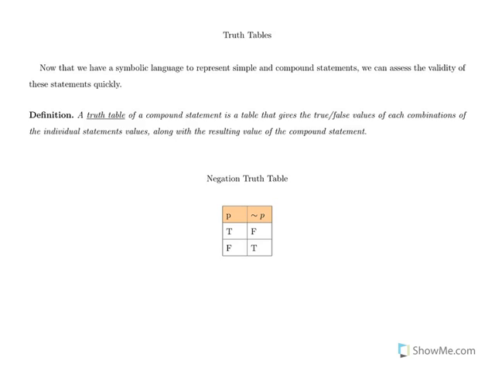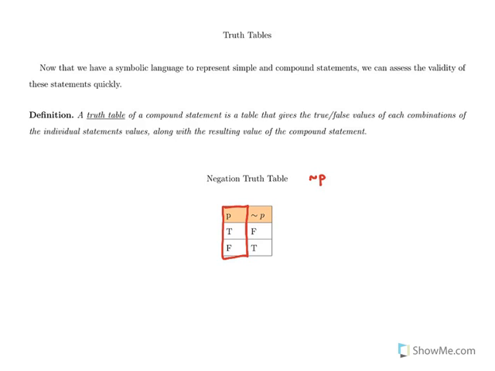So let's start with the negation truth table. We're always going to start with our statements that we're looking at. In this case, you only have one statement. We're looking at just not P. So when we look at P here, we want to look at all possibilities of P, and that's going to be either true or false.